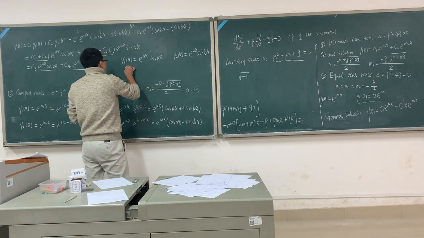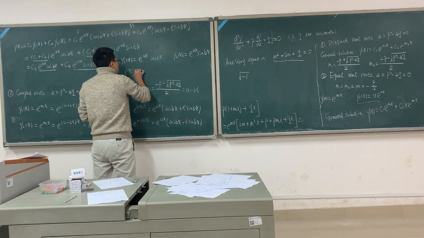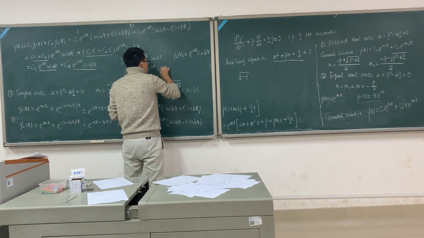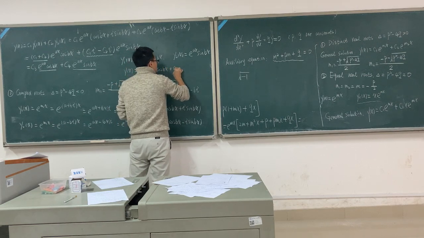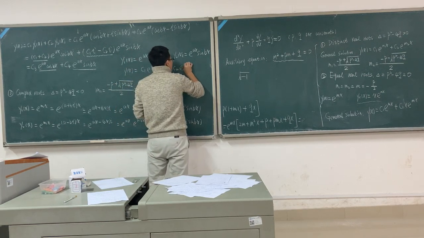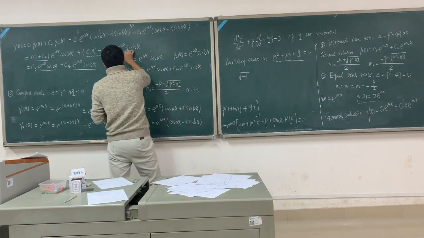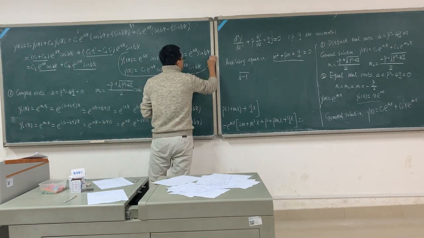So the general solution y(x) equal to c1 e^(ax) cosine bx plus c2 e^(ax) sin bx. Okay, this is the result.